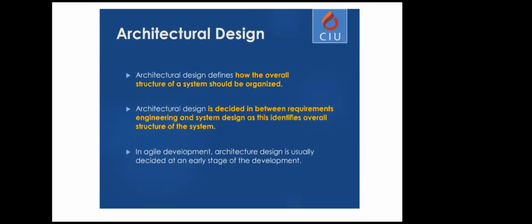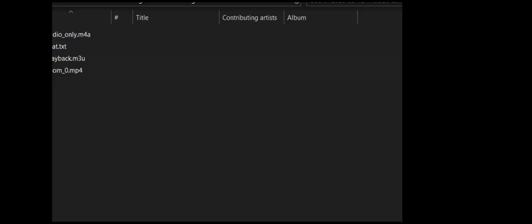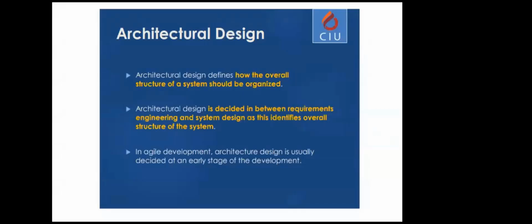So just because we have different kinds of architecture, it's not like one system is this and the other system cannot be the other one. Big systems like Facebook, Netflix, and even YouTube can exist with more than one architecture at a time.